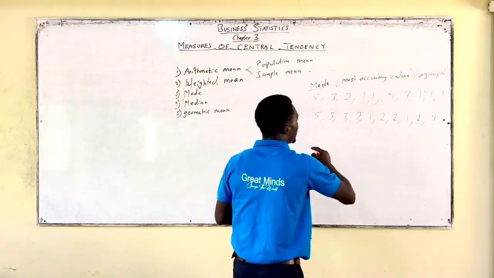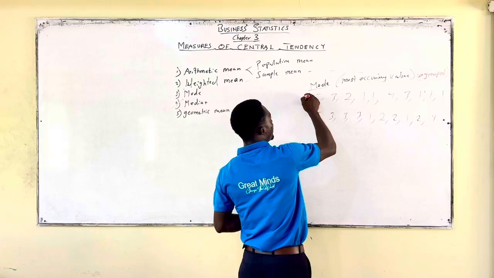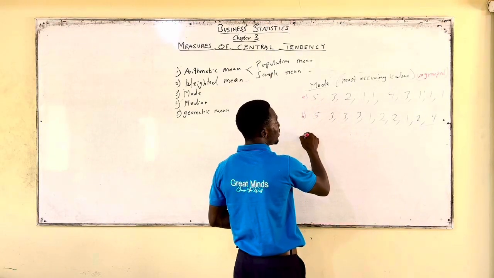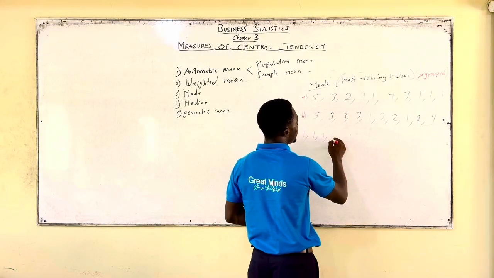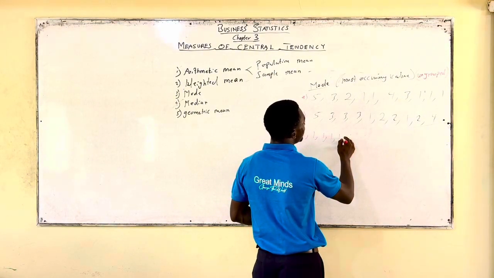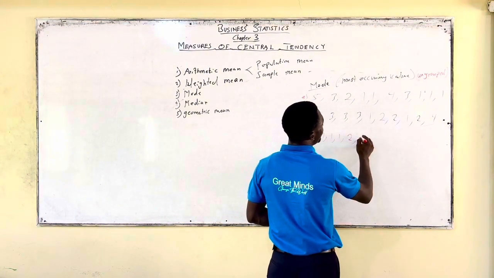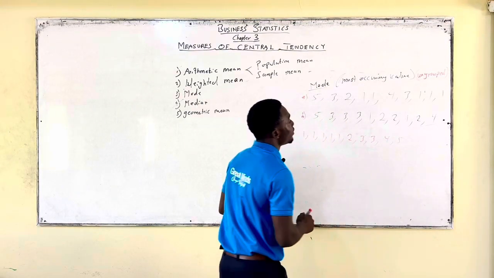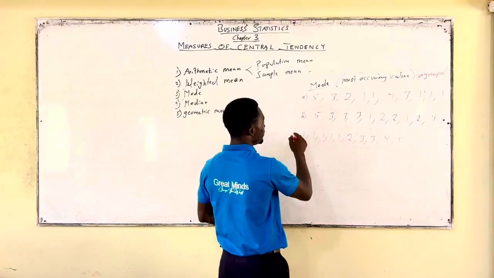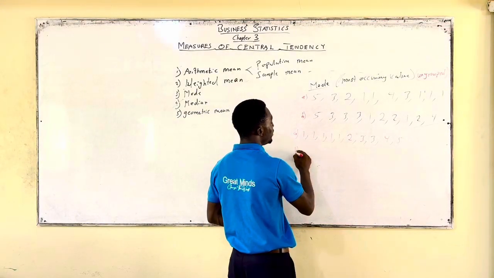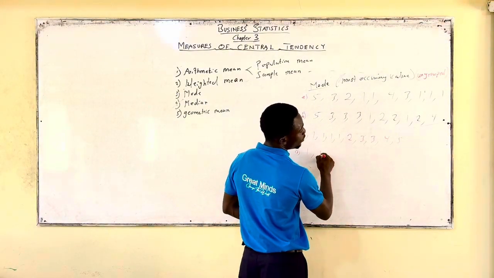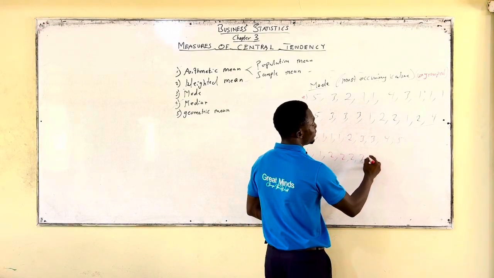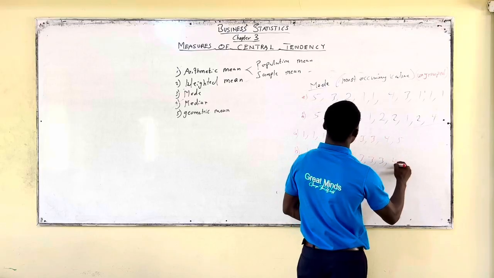Now, in forming an array, the first one is A and this is B. For A we are going to have 1, 1, 1, 1, 1, 2, 3, 3, 4, 5. And for B, we are going to have 1, 1, 2, 2, 2, and then 3, 3, 3, 4, and then 5.